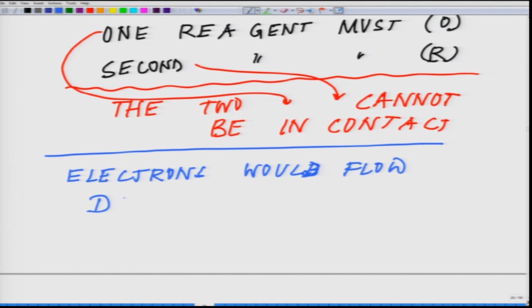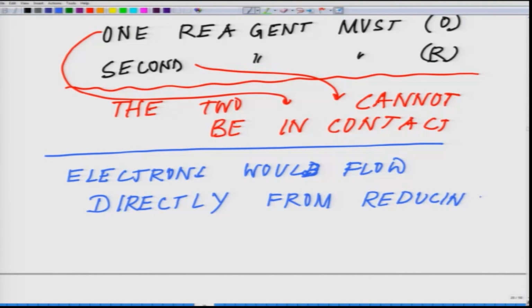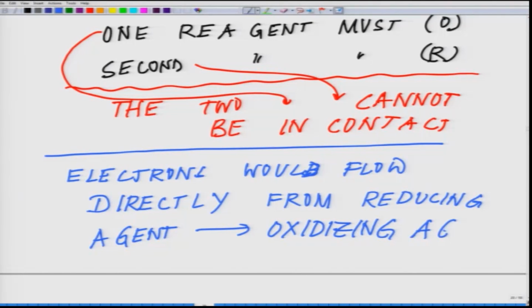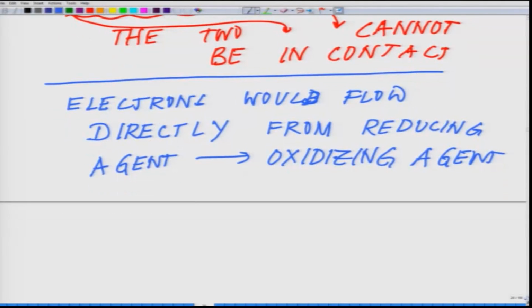And we will talk about such a situation. So, you have to prevent the physical direct contact, and how do we achieve that?